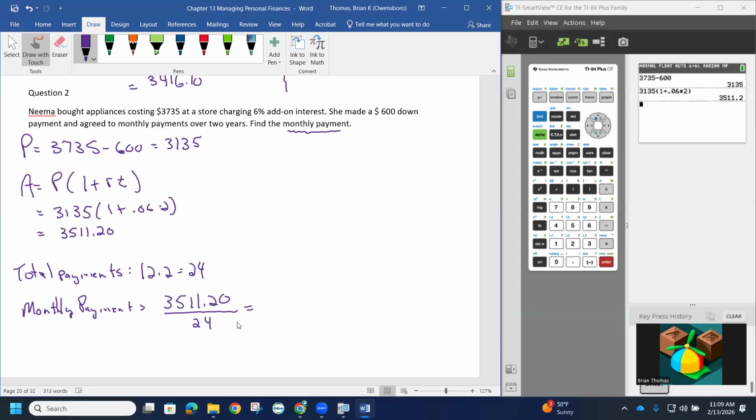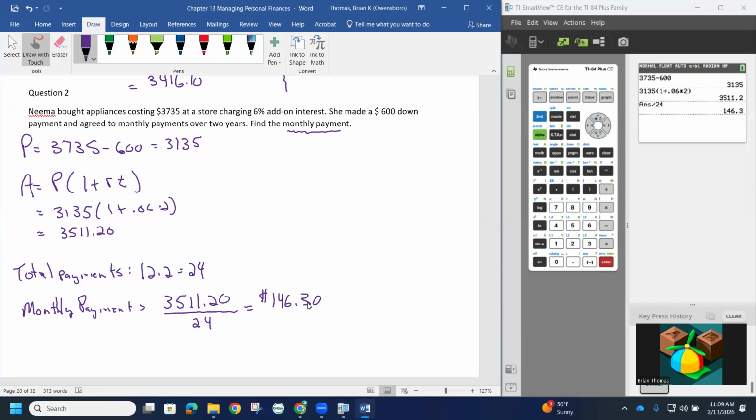This will tell us what she's going to pay on each payment. I already got the 3,511 in there, so I'm just going to hit the divide button. Notice it brings this answer on down. Then if I divide that by the 24 payments, that's going to tell us what she's going to owe per month.